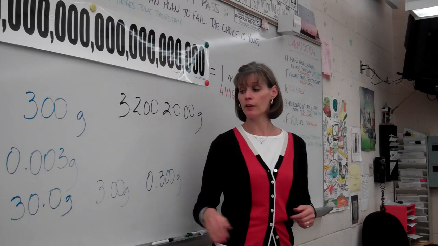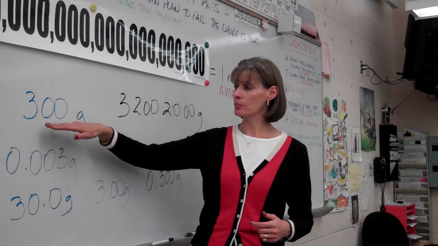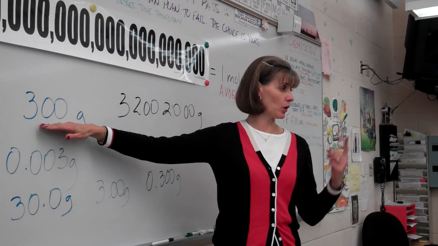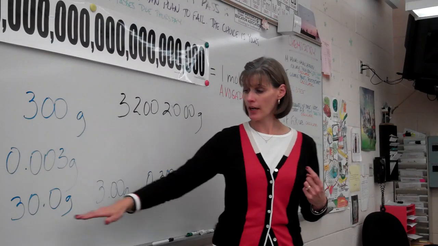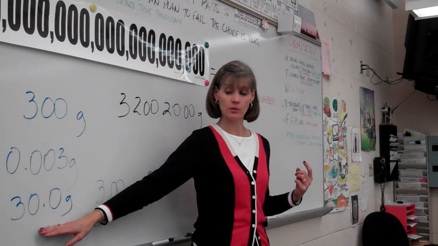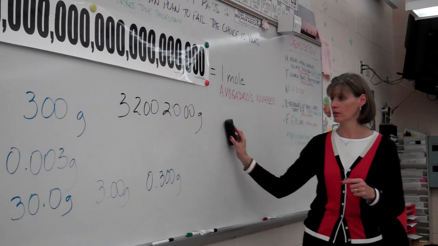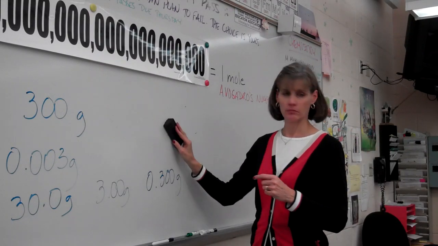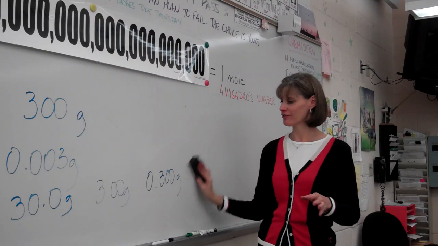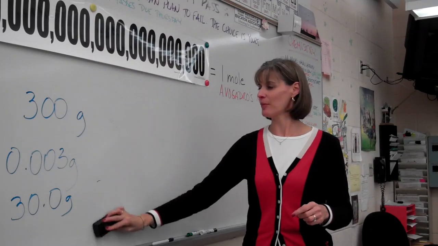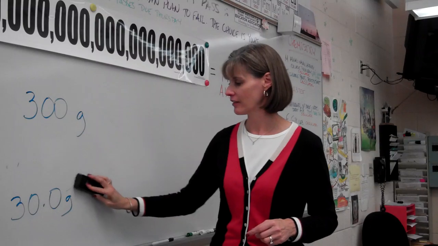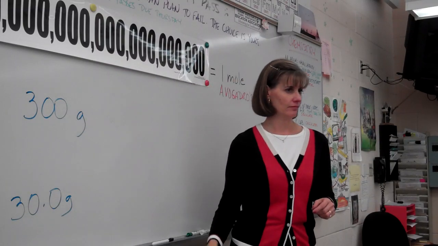Okay? So if you're multiplying this 300 grams with 1 sig fig times the 30.0 grams with 3 sig figs, what is less, 1 or 3? That was an easy question. 1. So how many sig figs go in your answer? 1. Okay?